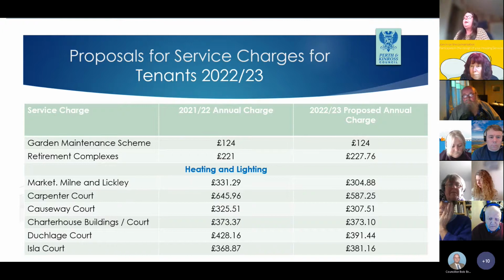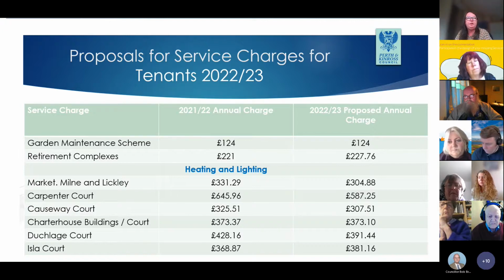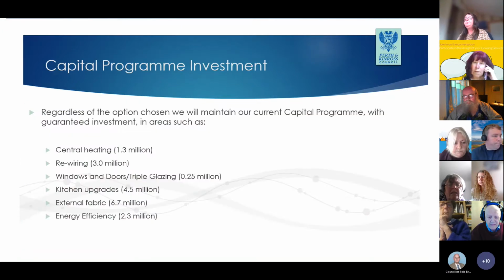In terms of the heating and lighting charges and proposals, as you'll see, all of these have reduced, apart from Isla Court, where there's a small increase. As I said, it's based on full cost recovery, and on the cost of us delivering the service for the previous year. We do have some questions around the gas, etc., which we'll come on to at the end of this conference. Okay, next slide.